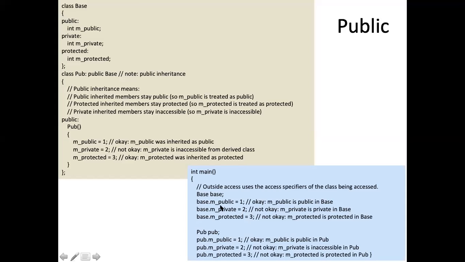So if you look at the accessibility of the object of the base class and the accessibility of the object of the derived class, तो दोनों में कोई फर्क नहीं. ठीक है. तो बेस क्लास का भी ऑब्जेक्ट पब्लिक मेंबर को एक्सेस कर सकता है. डिराइव्ड क्लास का भी ऑब्जेक्ट पब्लिक मेंबर को एक्सेस कर सकता है, बाकी दोनों को वो एक्सेस नहीं कर सकता.